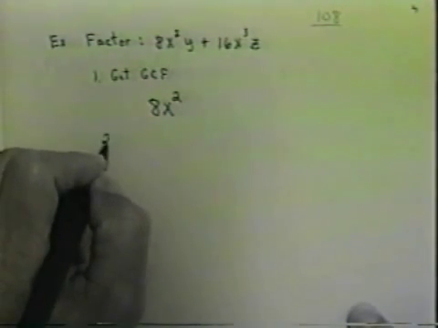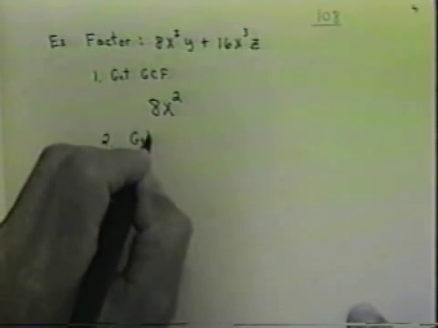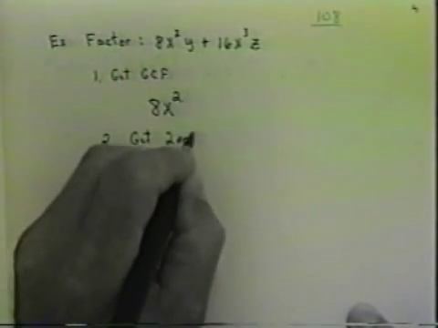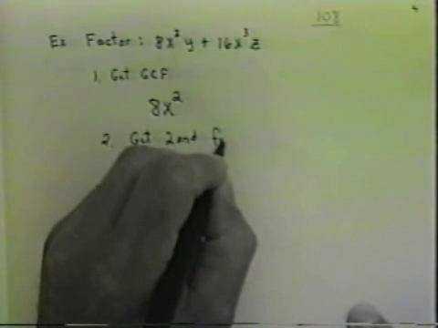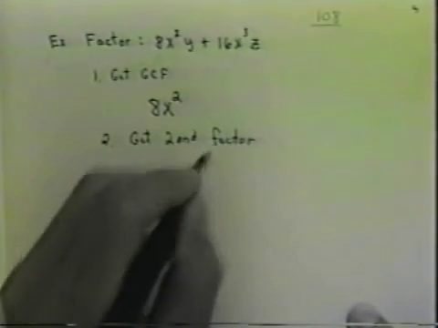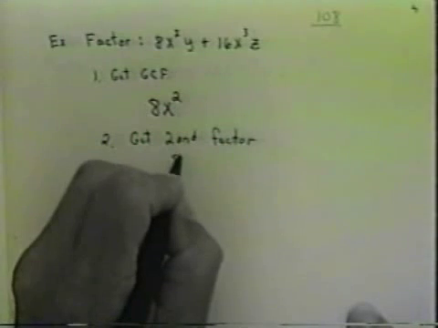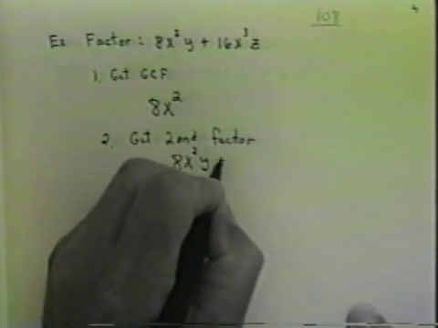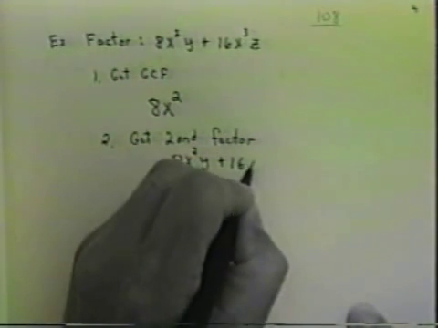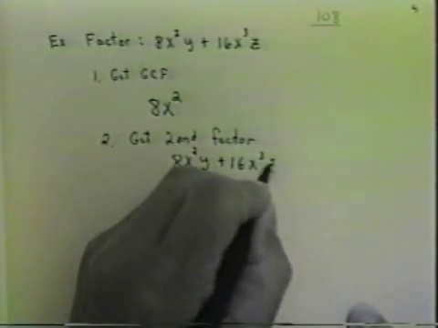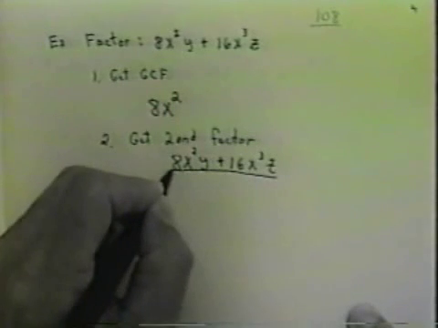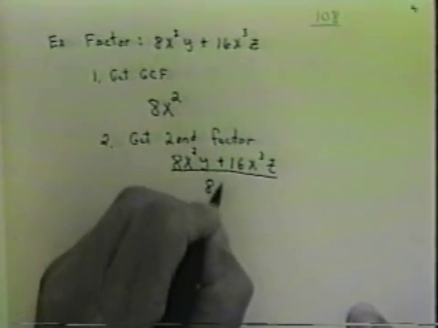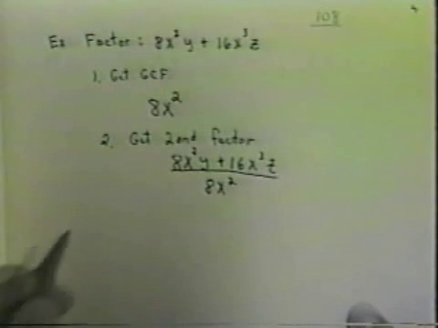Now what we want to do is to get the second factor. To get the second factor, I take the 8x squared y plus 16x cubed z, and I divide by the common factor, which is 8x squared.